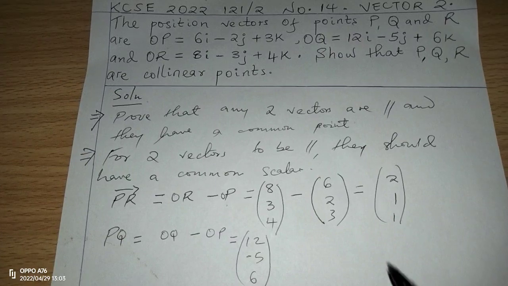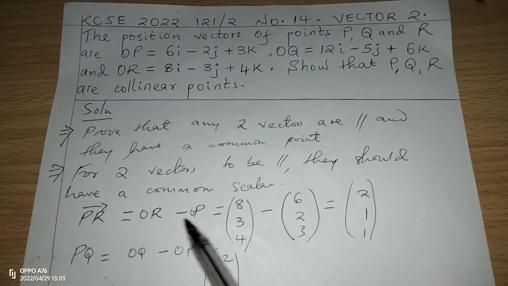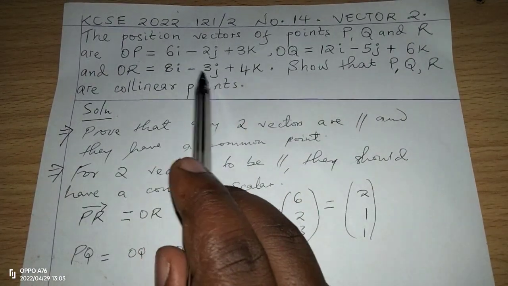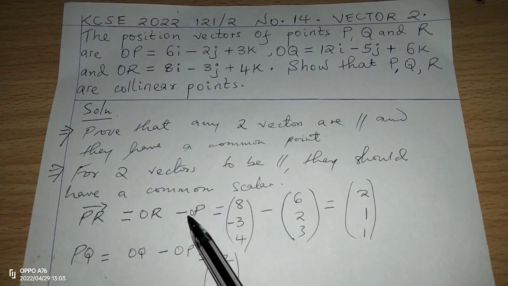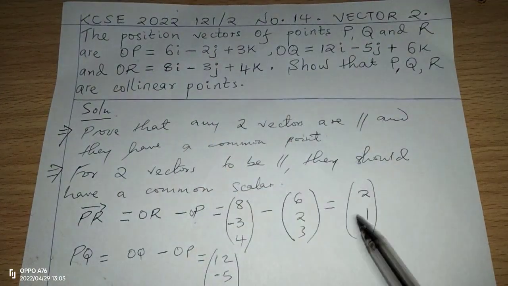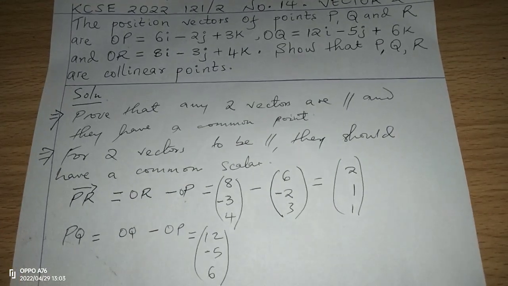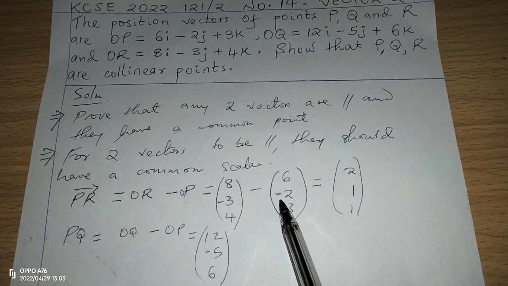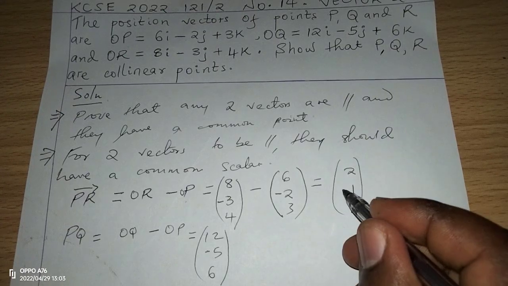There is something we should remind ourselves here: in the vector OR, we have 8, then this one is a negative 3 and not 3. And again, on OP, this one is negative 2, so it should be a negative. Every number must be accompanied with its sign, such that negative 3 minus negative 2 becomes negative 3 plus 2, which is negative 1.